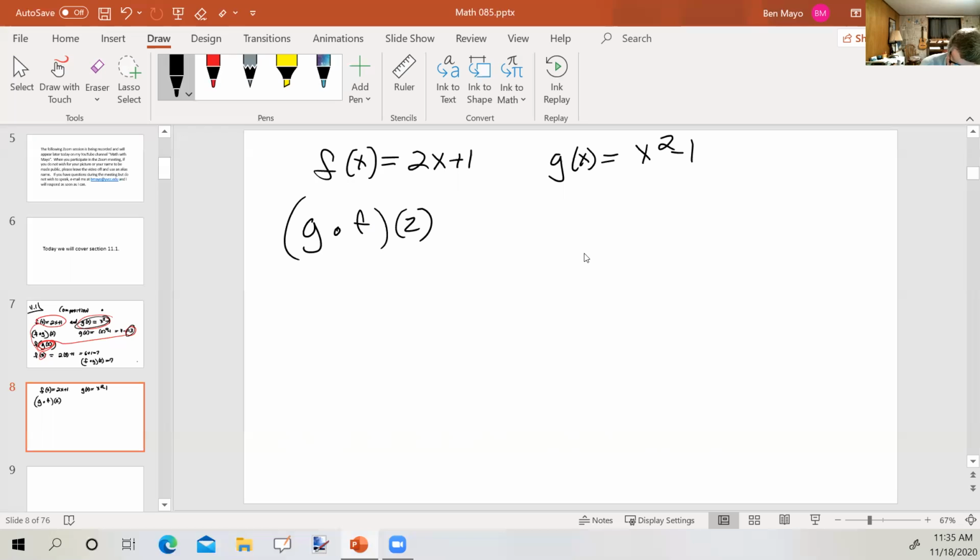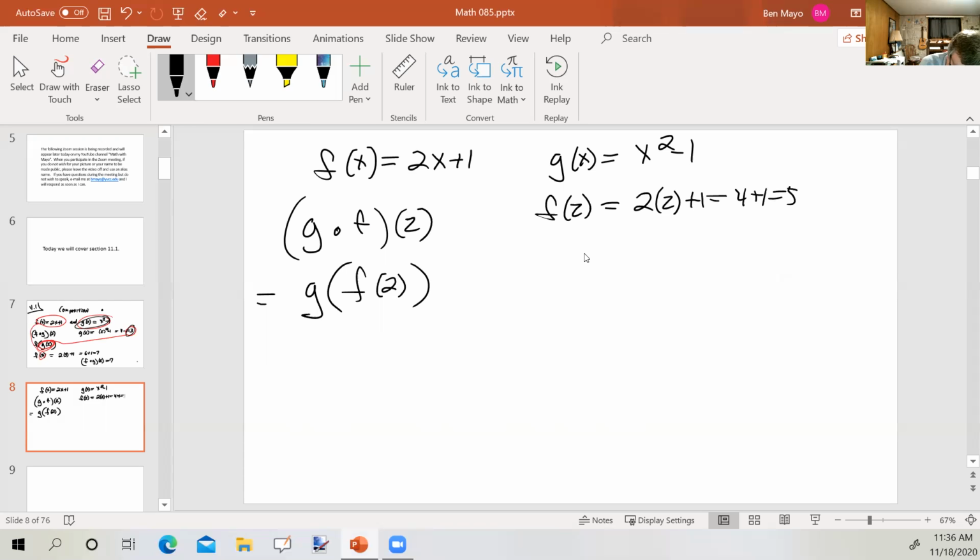So g composed with f of 2 is the same thing as g of f of 2. So now I need to find f of 2, which is 2 times 2 plus 1, which is 4 plus 1, which is 5.